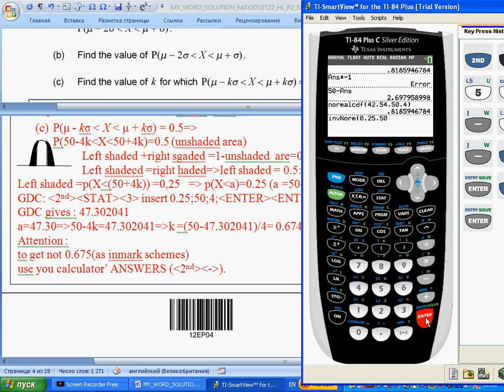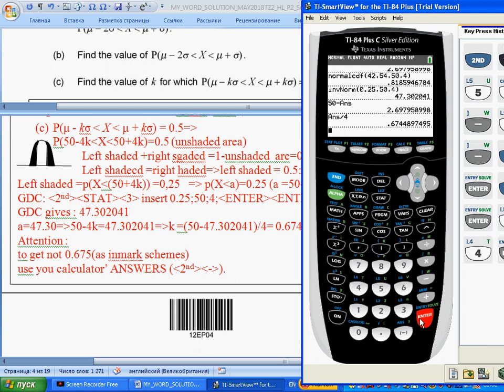Enter. So what we should do, we should do 50 minus answer, equals, divided by 4. And we get 0.674.